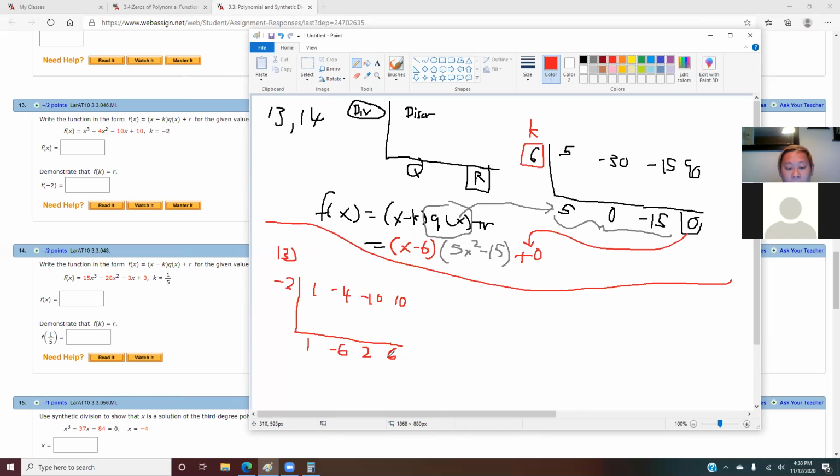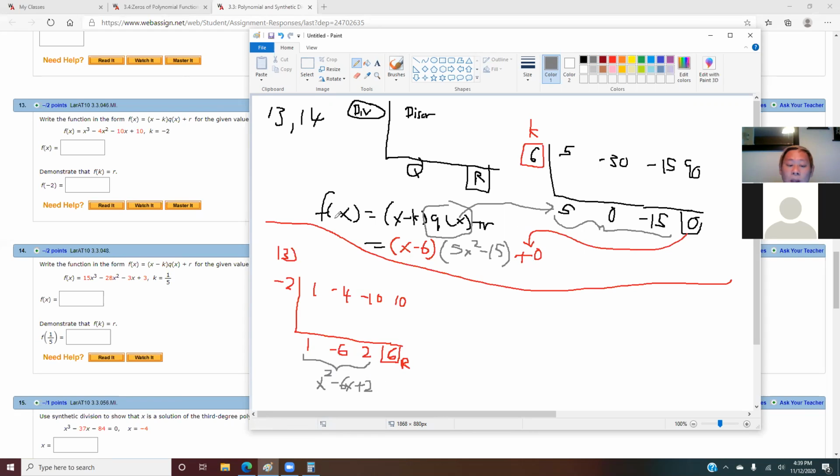That's correct. So this is your remainder, right? Can you tell me your quotient here? It would be x squared minus 6x plus 2. Okay, that's good. You need to tell me that.